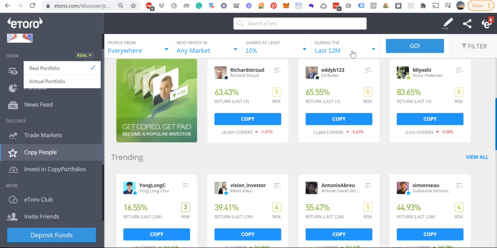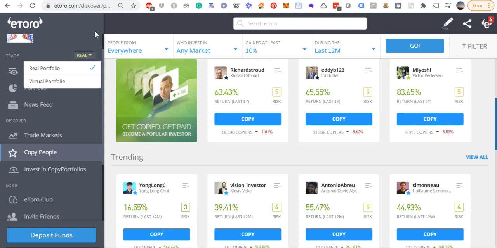I think a lot of people will just want to copy people, and that's perfectly fine. So you can do that in the virtual portfolio first and get used to the platform, and once you're confident, if you decide you want to do this, you can switch to the real portfolio, deposit funds, and away you go.